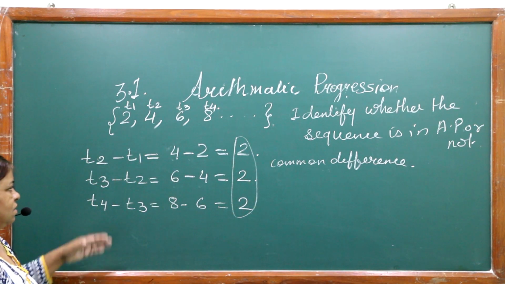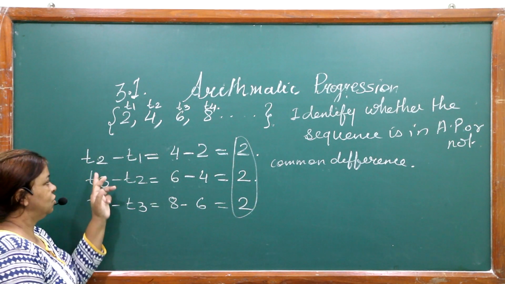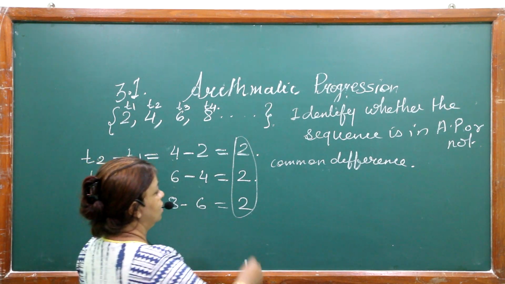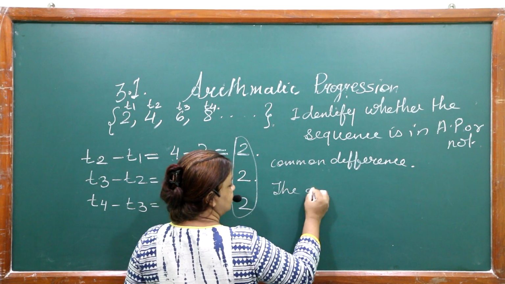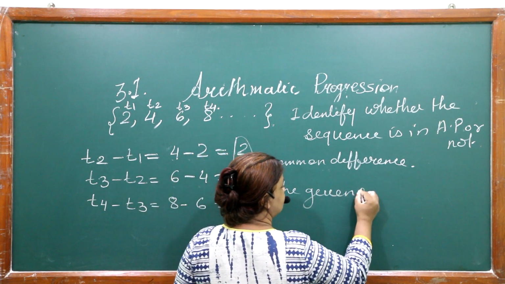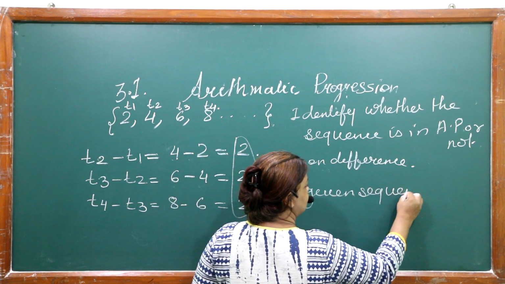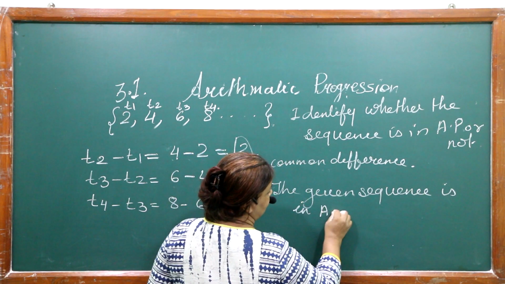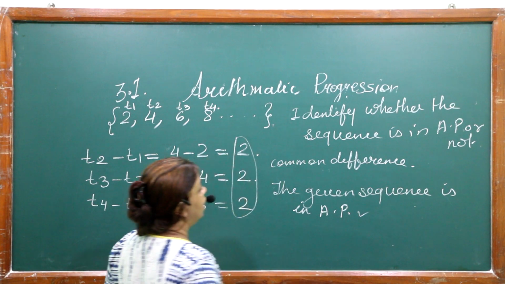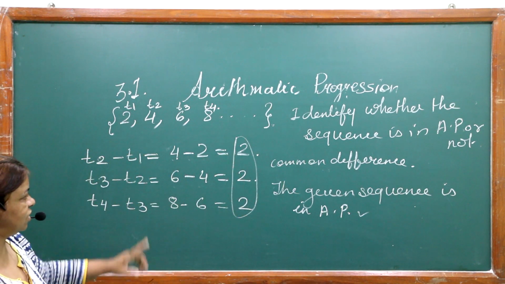Since the difference between two consecutive terms is the same, the given sequence is in AP, and this ends your first sum.